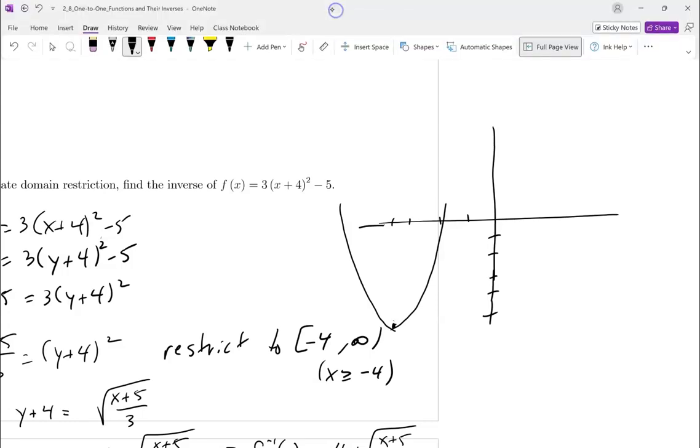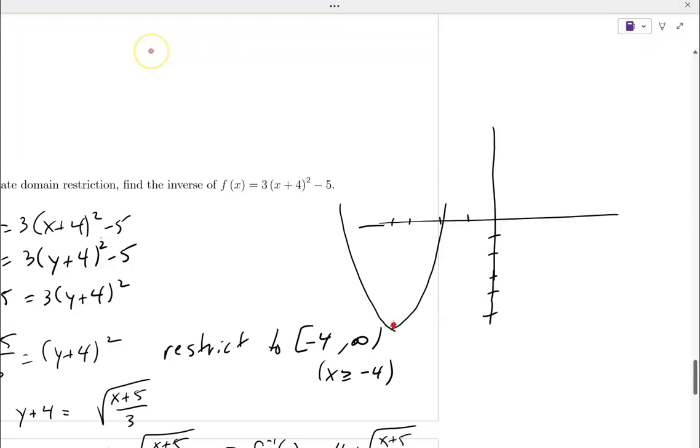If we restrict the domain, that's the part of the graph we're looking at, right? We agree with that? So the domain of the original was -4 to infinity. That's what we already said we were going to restrict the domain to.